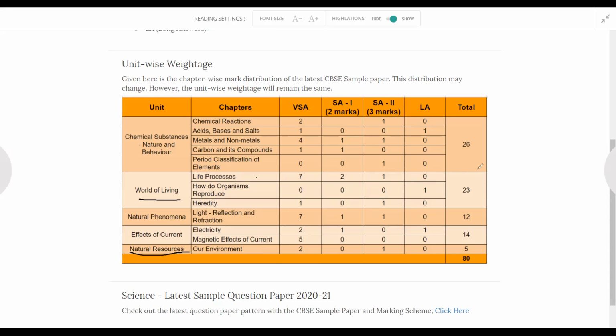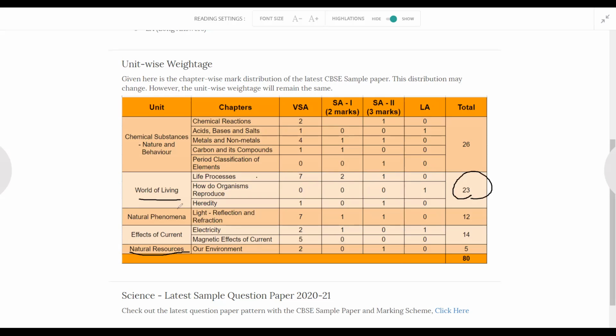Here we have given the question distribution, based on this year's sample paper. This chapter wise distribution may vary, but the unit wise weightage will remain the same.